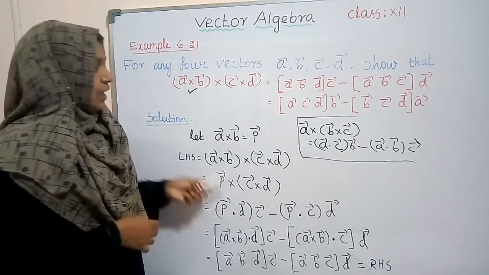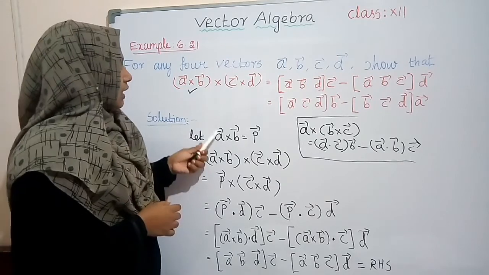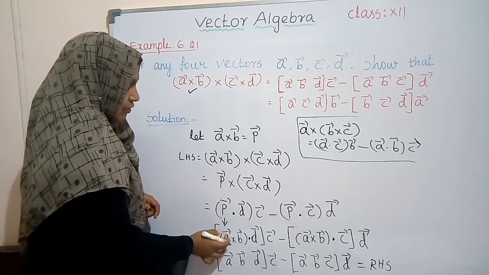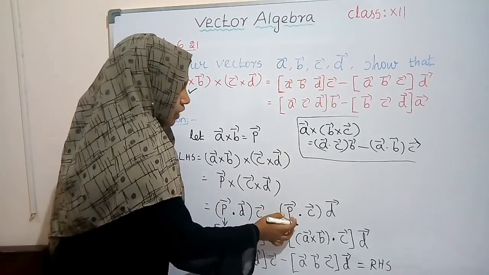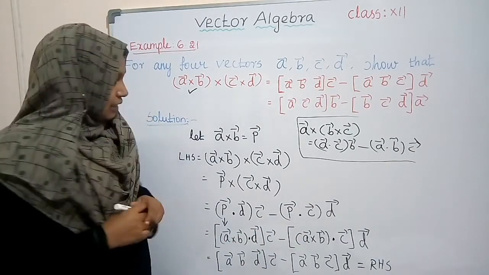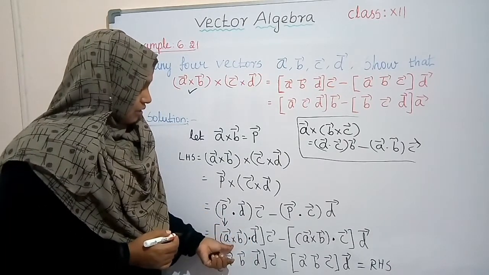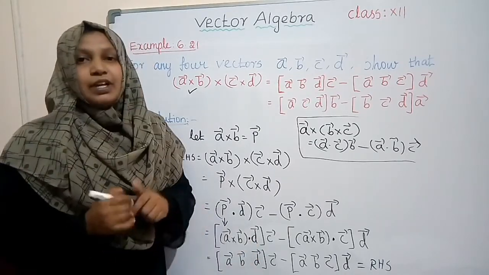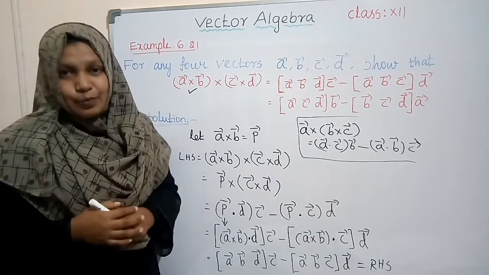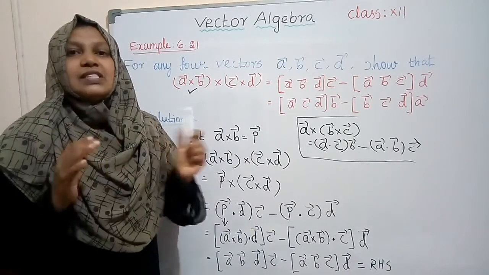After applying this vector triple product formula, you replace that P vector value with A vector cross B vector. In the place of P vector, you should replace A vector cross B vector, and here also you have P vector, that also we are replacing as A vector cross B vector. Then it becomes A vector cross B vector dot D vector, and this cross product is in the bracket. Again the dot product with D vector means it is a scalar triple product. We learned all those things in exercise 6.2. So together this can be written as the scalar triple product, which is in a box.